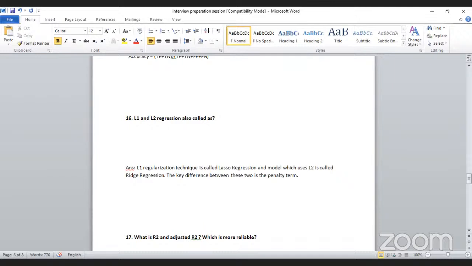Any answers, friends? I'm repeating the question again. What is R2 and adjusted R2? Which is more reliable?